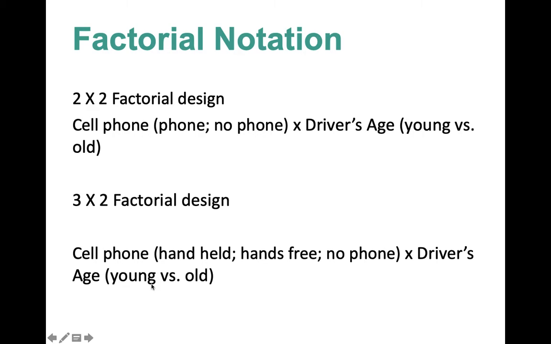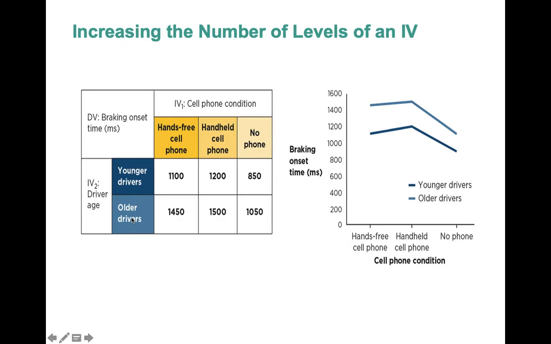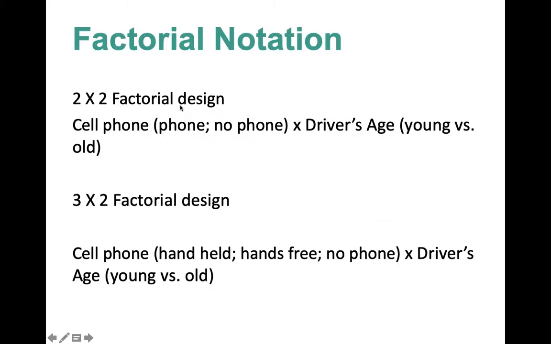It's somewhat arbitrary whether we would call this a 3x2 or a 2x3. Previously, we had designated cell phone as IV1, and therefore I'm listing that first. So if IV1 is cell phone, we have to put that first and designate that there's 3 levels.